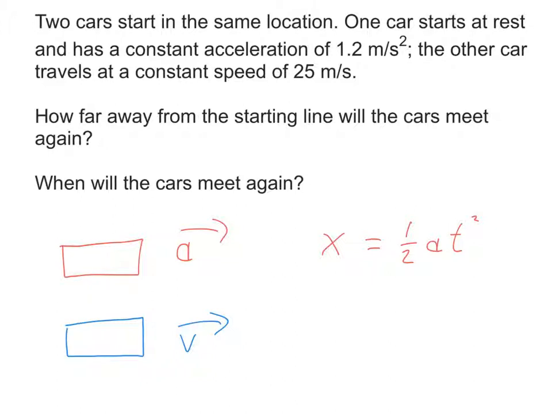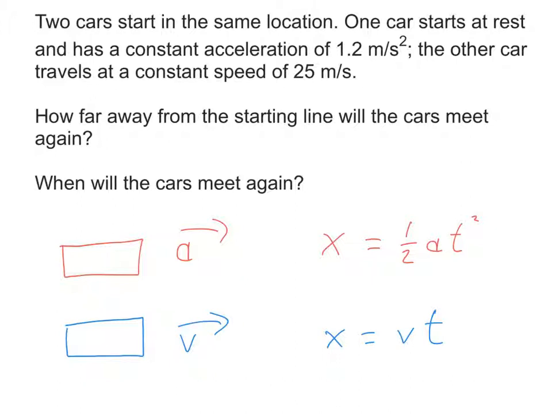Adding 0 doesn't really change the equation much. On the other hand, the other car here, the blue one, its position can also be described with an equation, and this one will just be its speed times time.